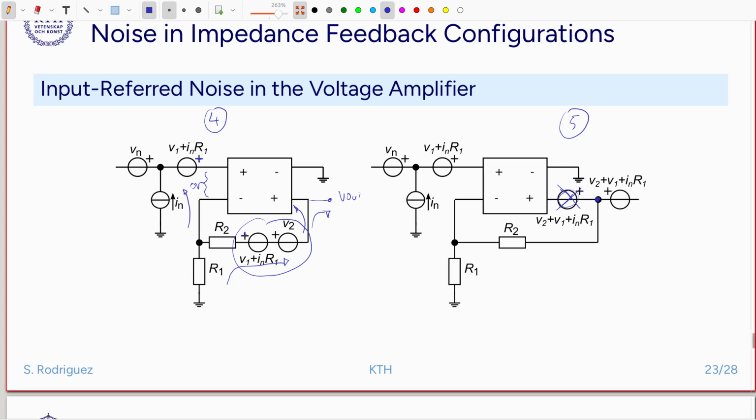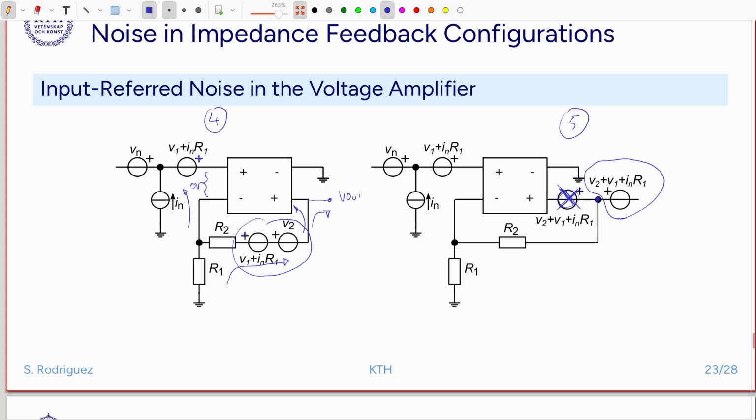So we consider that this one is going to be eliminated by the feedback, by the infinite gain of this amplifier and extremely low output impedance. So the output voltage will not really depend on this one. But on the other hand, there will be this one here. We will have this remaining output voltage here.